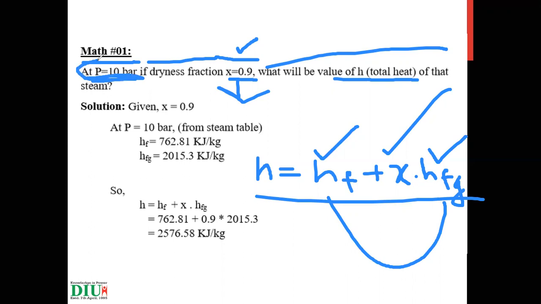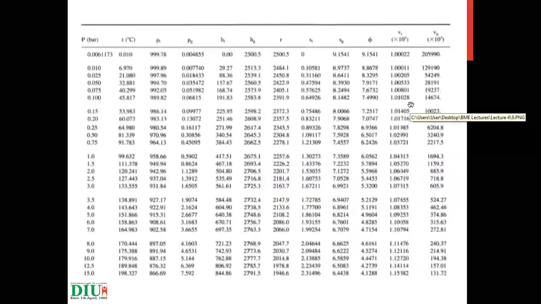So my student, there will be a steam table given. This is called a steam table. So here there are some parameters. First of all, get to know what those parameters are. The first column is the pressure column.